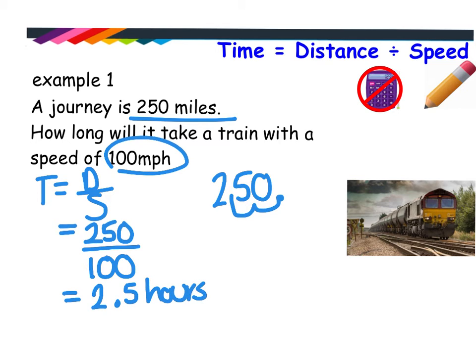You might also just look at it and say, well, 100 goes in 2.5 times. So it's 2.5 hours. All my examples, I should have said, we like our answers in hours and minutes for time calculations. So 2.5 hours can be written as 2 hours, and 0.5 was a half, so that is 30 minutes. Please do not ever say that 2.5 hours is 2 hours 50. It's 2 hours 30 for your final answer.